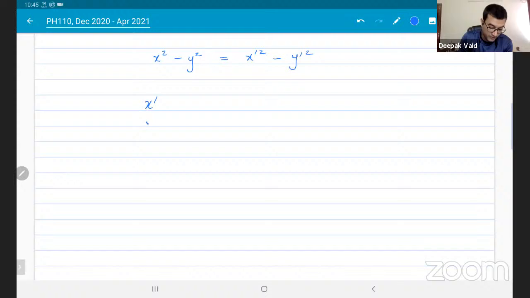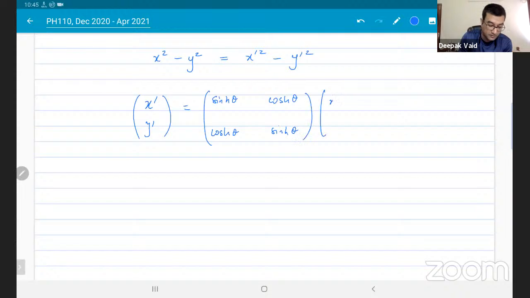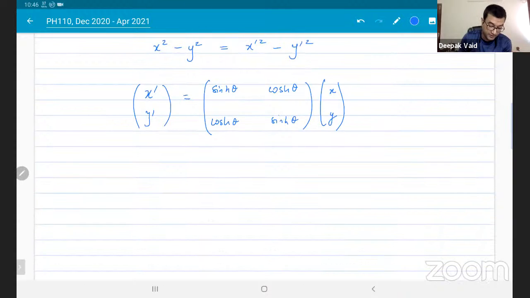So if you write down x prime, y prime as some cosh theta, sinh theta, sinh theta, cosh theta times x y. Then you can easily check that x prime squared minus y prime squared would be equal to x squared minus y squared.